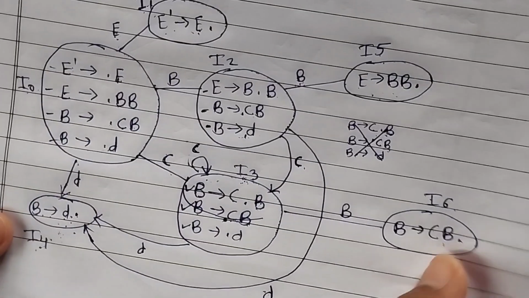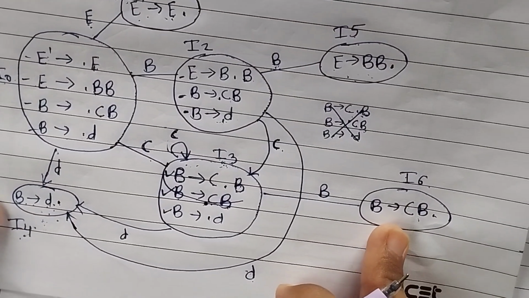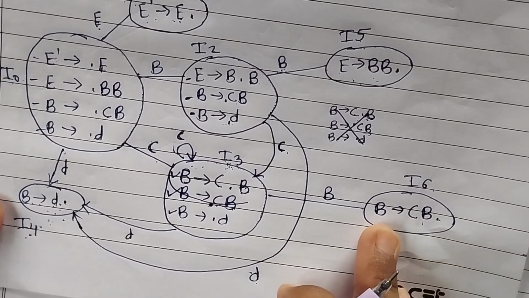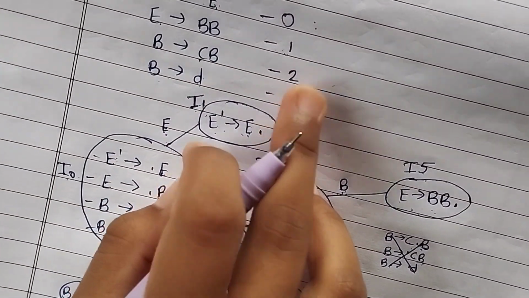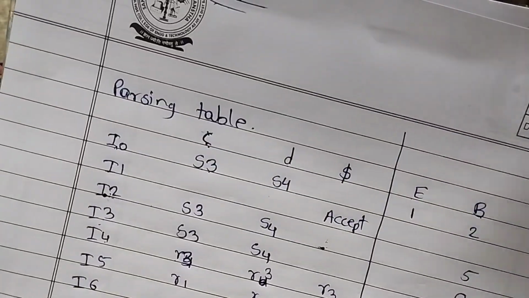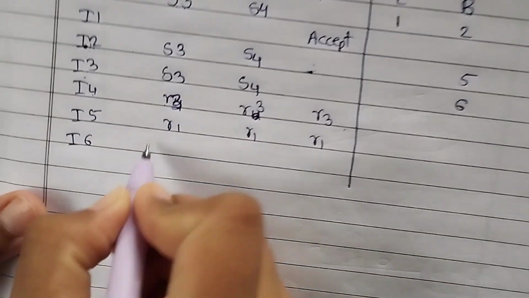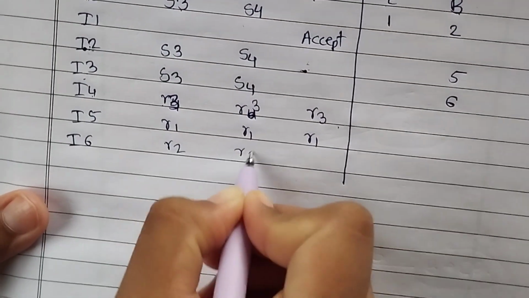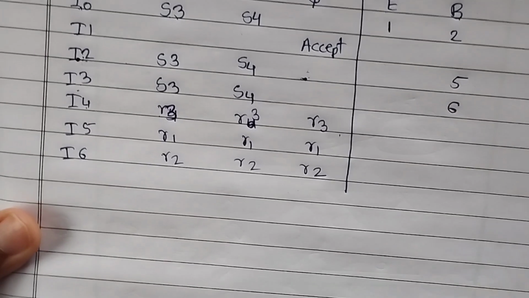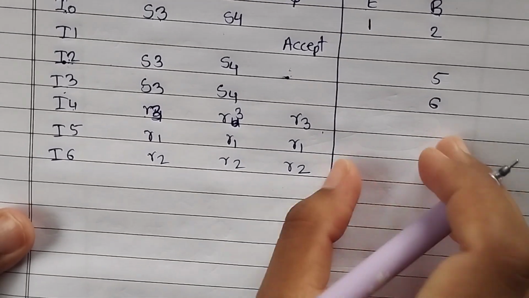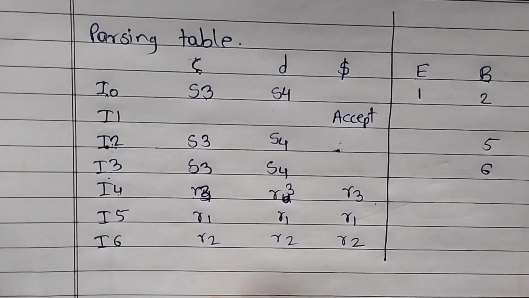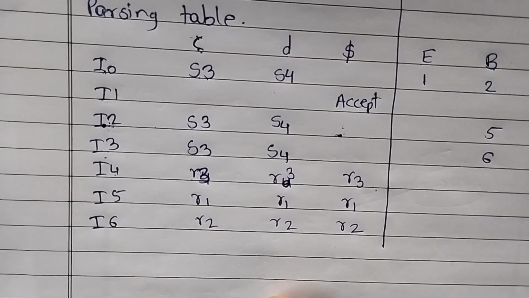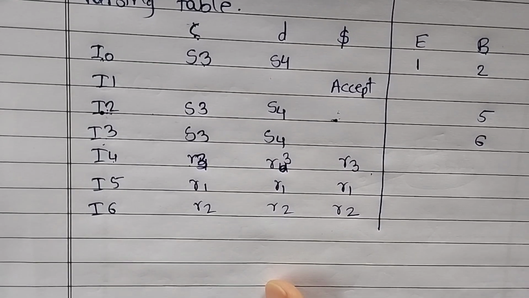I6 is also an acceptance state, and this grammar B reads CB, the numbering is 2. So we write R2, R2, R2. And here for E and B we do not write anything, only for the terminals. So this is our complete parsing table. I hope you get the idea how we write the parsing table.